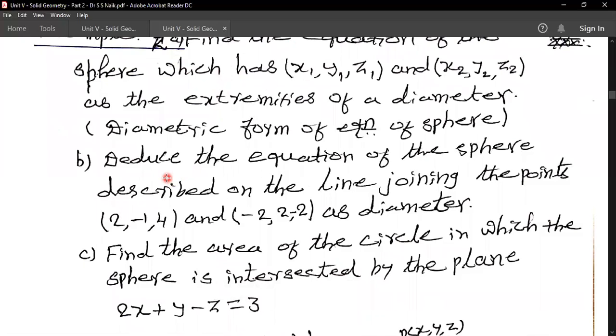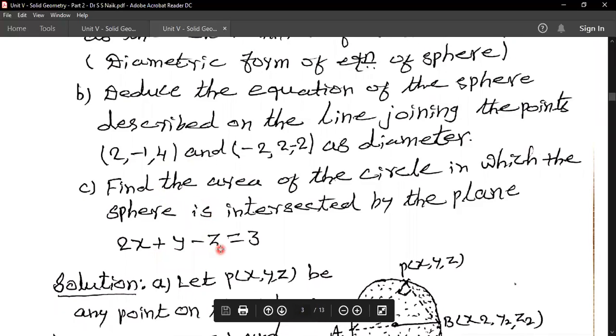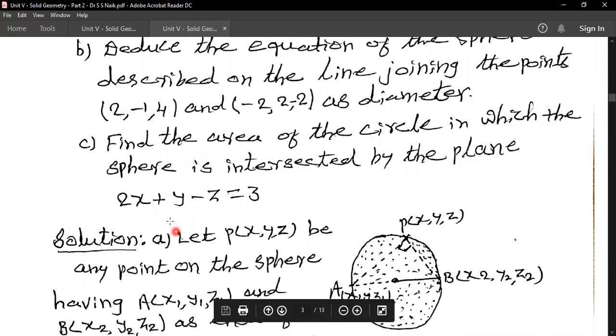Then a particular equation for the sphere having the diametric points x1, y1, z1 and x2, y2, z2. And the third problem is to find the area of the circle in which the sphere is intersected by the plane 2x plus y minus z is equal to 3. So we'll solve step by step.